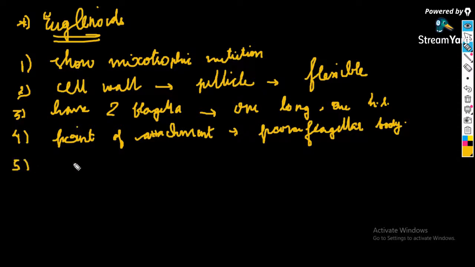Fifth point. Reserved food material. Reserved food material is starch, or in case of euglenoids, the starch is known as paramylon.